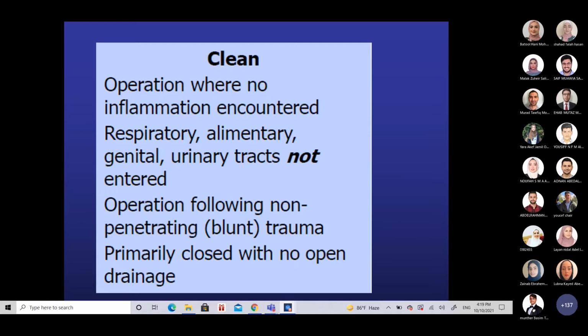Of course, according to the types of surgery, there are conditions for each one. For a surgery to be clean, it must be an elective surgery, not traumatic, with no break in the aseptic technique, neither minor nor major. There is no entering into any of the cavities, neither respiratory, alimentary, nor genitourinary, and no spillage of any contamination.